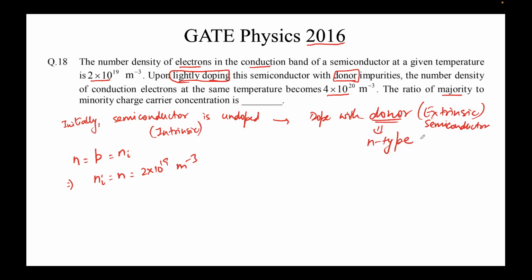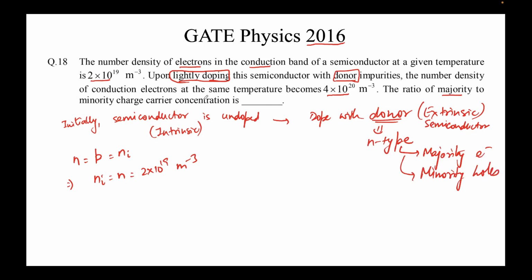An n-type semiconductor will have majority electrons and minority holes. Now, let's try to determine the concentration of electrons and holes.